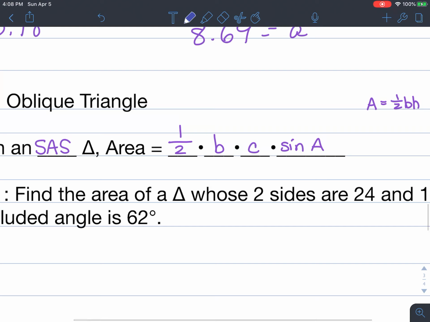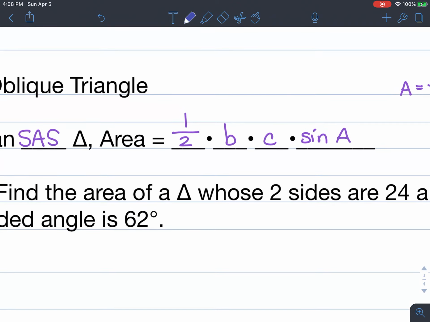Notice that it's 1/2 times 2 of the sides, and then times sine of the angle that's between the two sides. So this could easily also be written as 1/2 times A times B, and then that would have to be times sine of C.